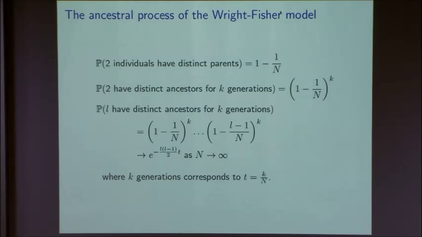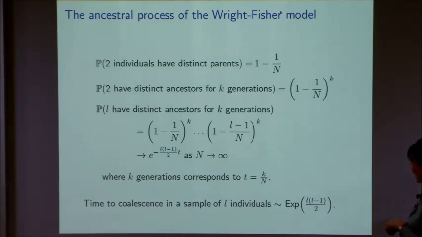And that corresponds to the time to coalescence, when you have a sample of L individuals, being exponentially distributed with this rate. And this is the key insight that led to the development of the coalescent.